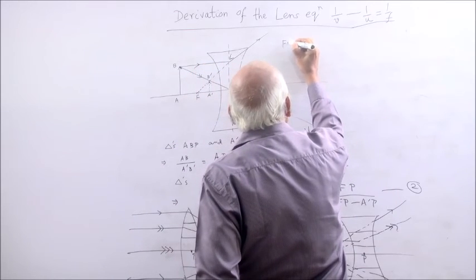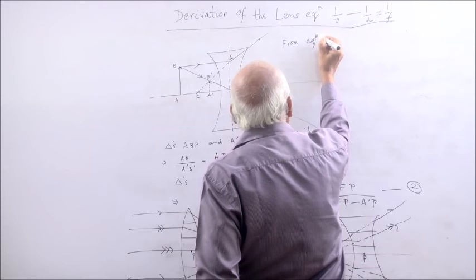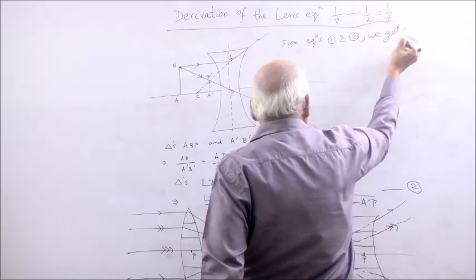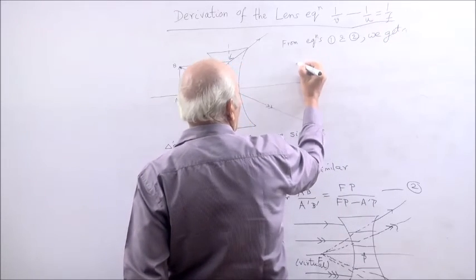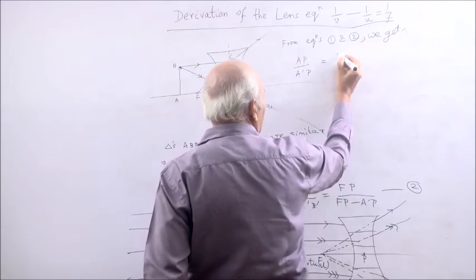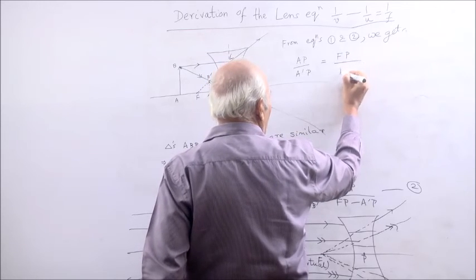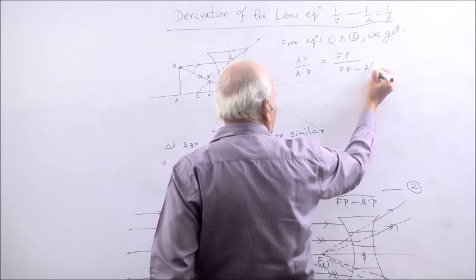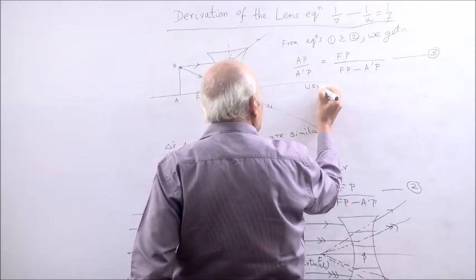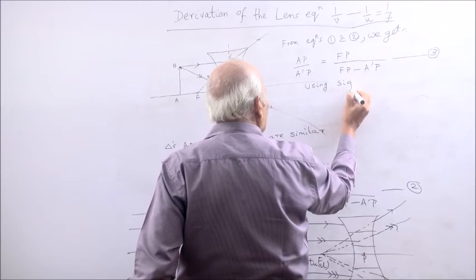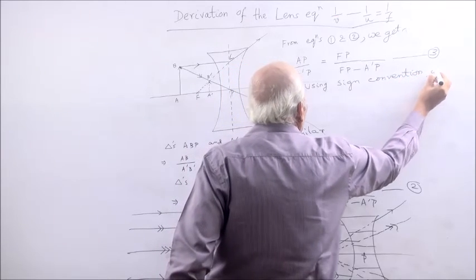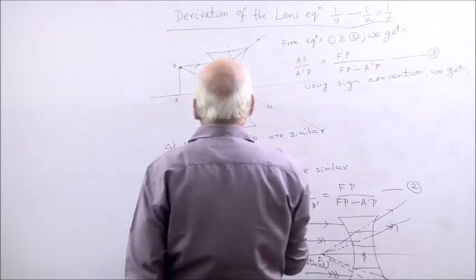So, from equations 1 and 2, we get AP by A dash P is equal to FP by FP minus A dash P. So, using sign convention, we get: what is AP?